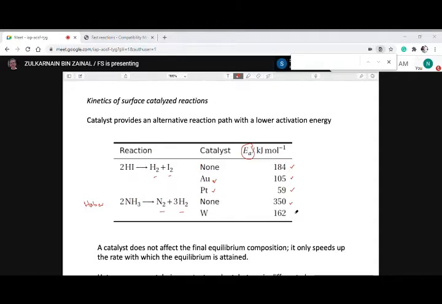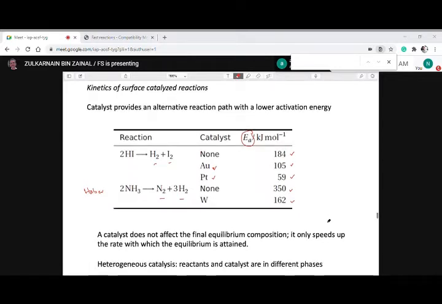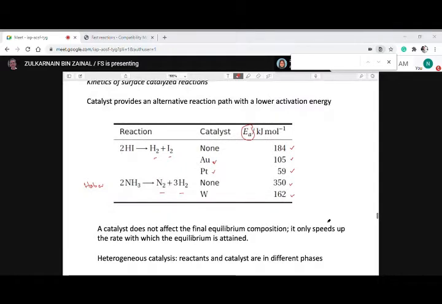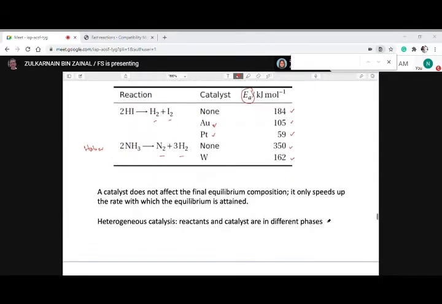If we use tungsten as the catalyst, the reaction will be much better, less than half of the previous value without a catalyst. You can see there, 162 kilojoule per mole for the EA value, so the reaction can occur very fast and you can get the product in a faster time as compared to without a catalyst.